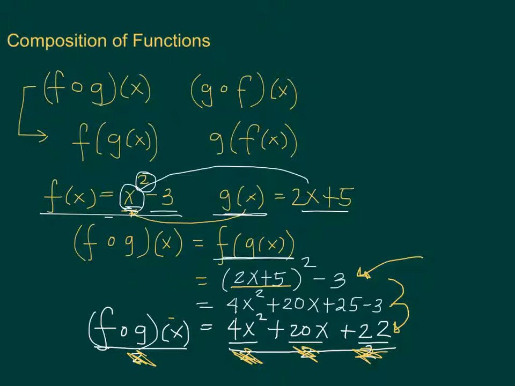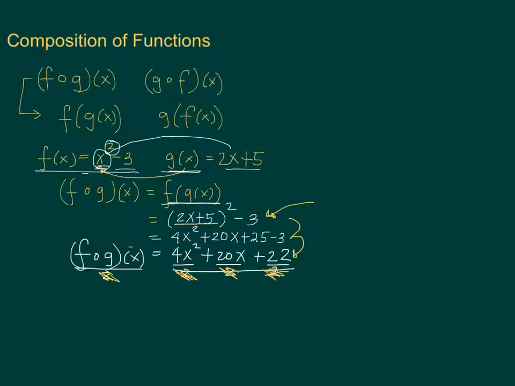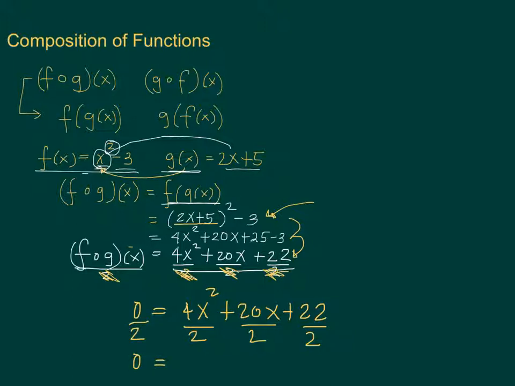This confusion actually arises from the idea of equations. If, for example, I have 0 is equal to 4x squared plus 20x plus 22, it is perfectly okay if I divide everything by 2, because 0 over 2 is still 0. So the left side of the equation is not affected by dividing by 2.